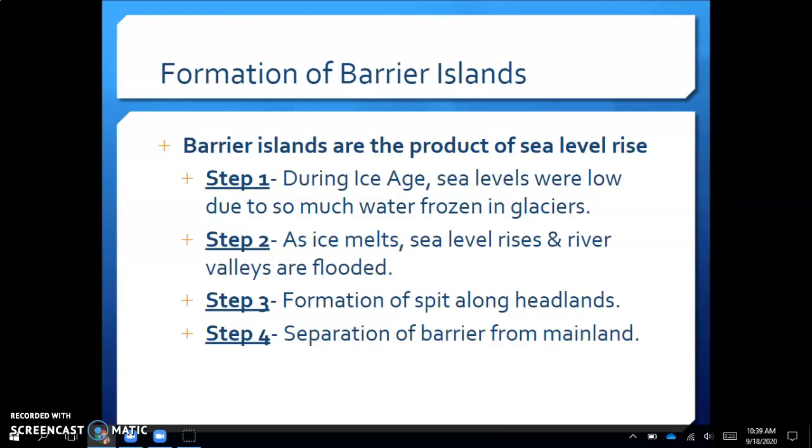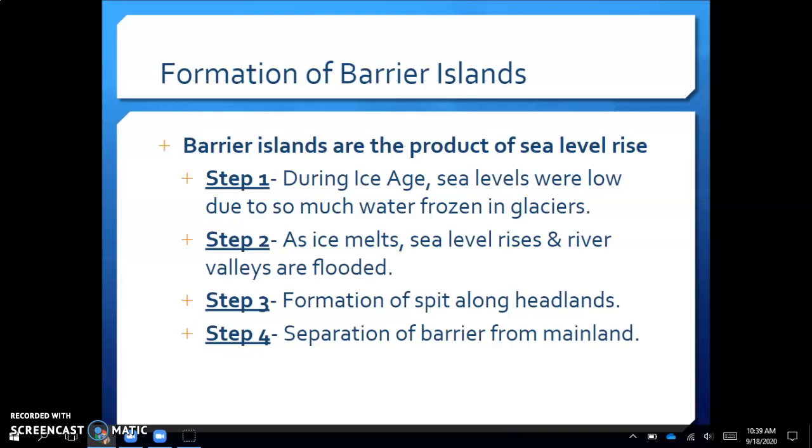So if you were to go to the modern day North Carolina shore back during the Ice Age, the ocean would not come up as high as it does now because the sea level would be lower. So over time, the ice melted and the sea levels would rise and river valleys became flooded. And then there was the formation of spits along headlands.